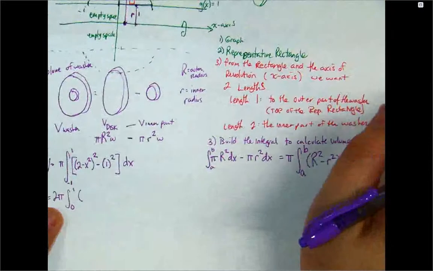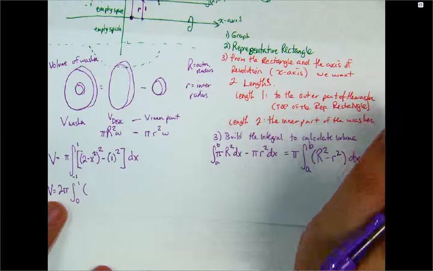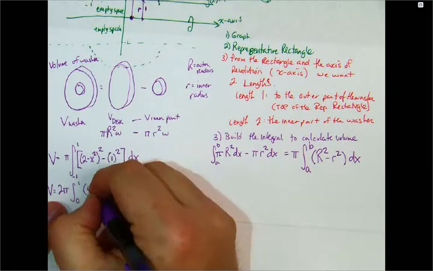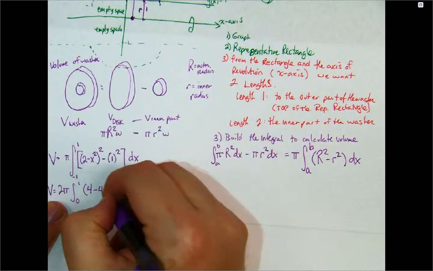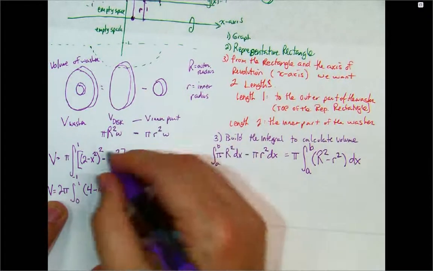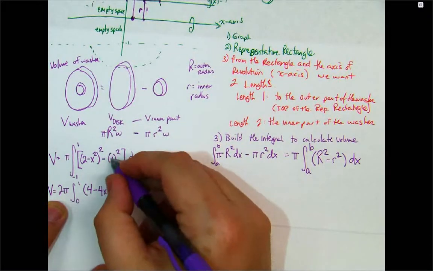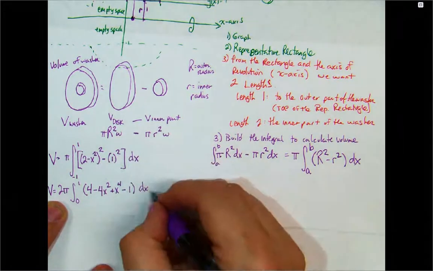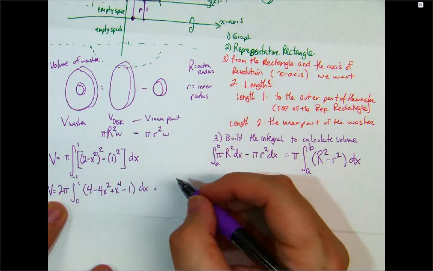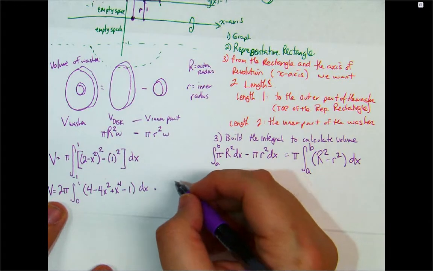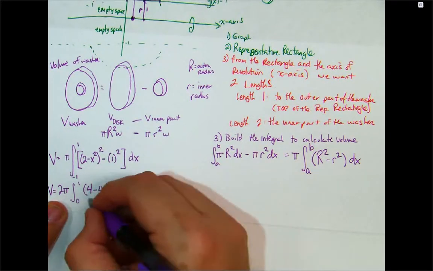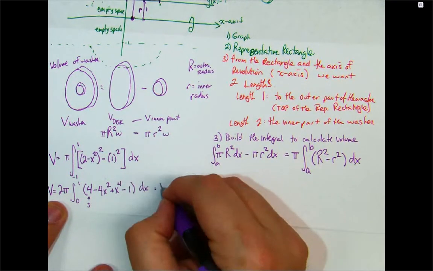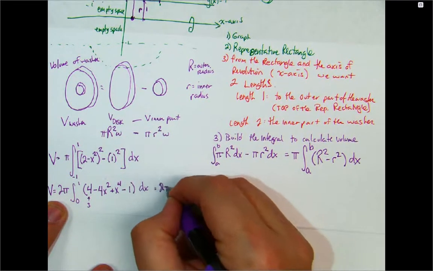Now, expand this guy. 4 minus 4x squared plus x to the 4th minus the 1 squared, which is 1, dx. Now, 4 minus 1 is actually what? 3. Alright, so my volume is going to be 2 pi times, now I have 3 here, because these two guys give me a 3.